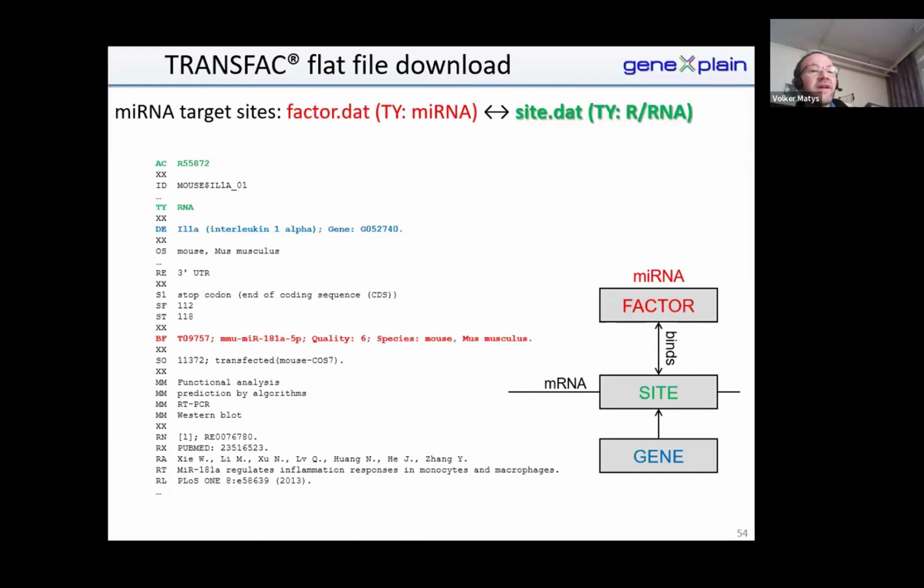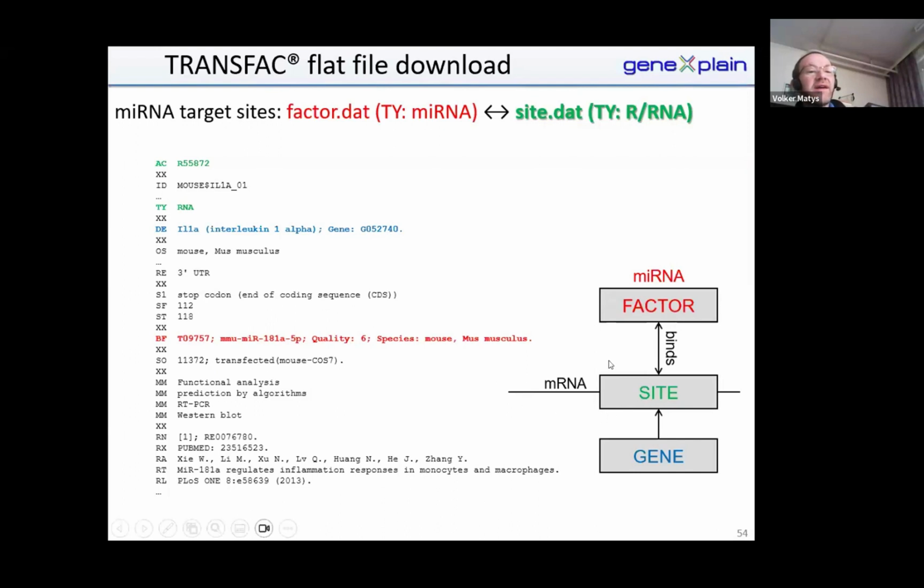And here for the microRNAs, as I mentioned, the factor DAT table includes transcription factors and also microRNAs. So you can or need to filter by the type field, if you want to separate them, which is usually the case.